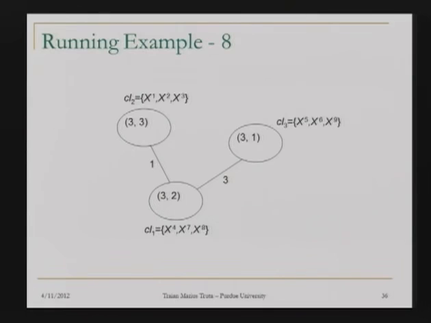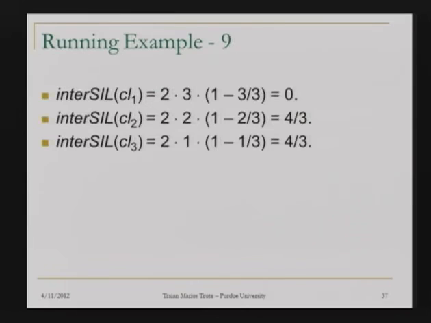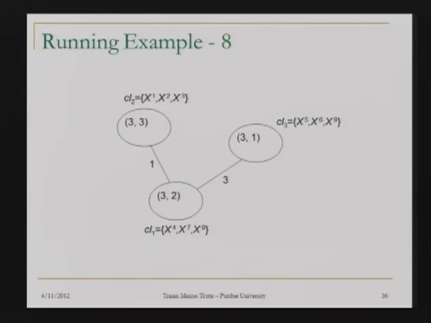We have 3 nodes now. We are talking about information loss in each individual node. For the first one, which is CL1, the bottom one here, we have 3, 2. The formula there, let me see here, I think the numbers are a little bit wrong. Yes, the numbers are a little bit wrong.